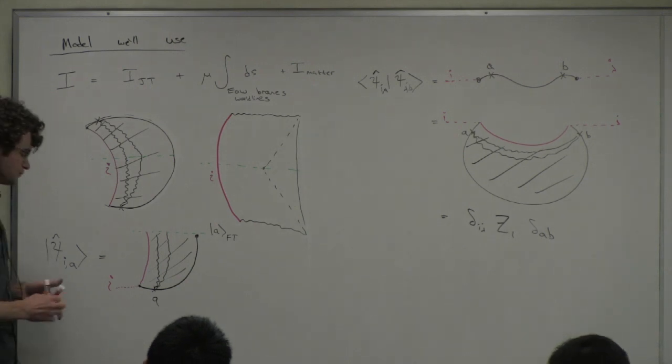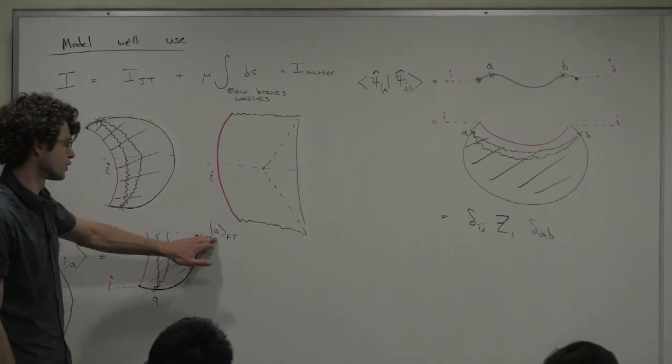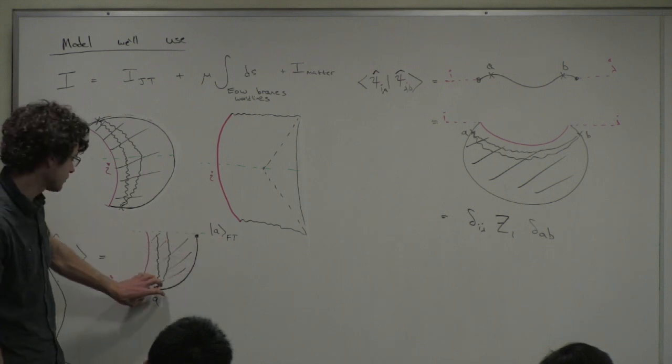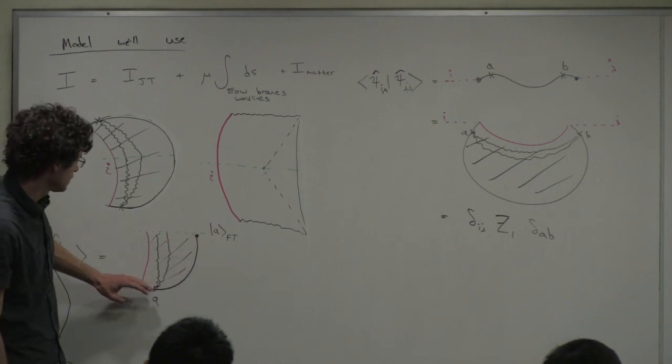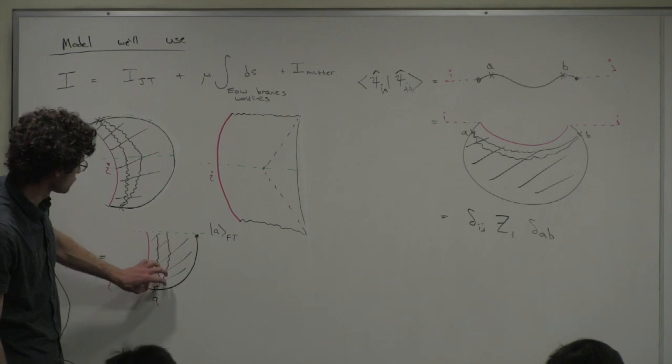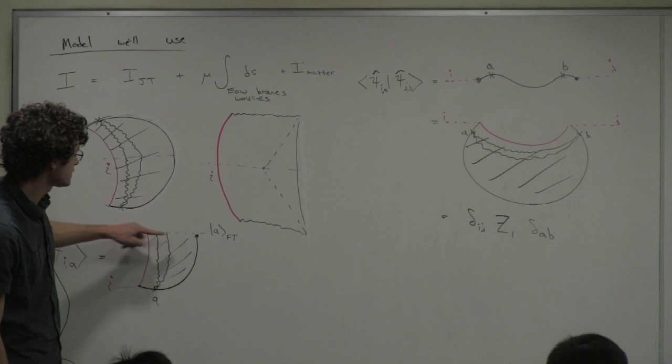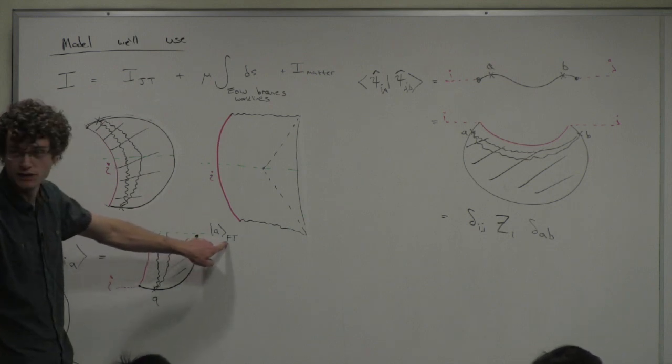And it's a member of a set of orthonormal field theory states indexed by A. So we choose our set of operators that we insert in the boundary here so that on this geometry, they source an orthogonal set of field theory states on this slice that we refer to as A field theory.